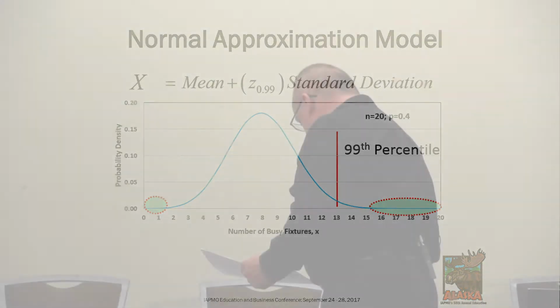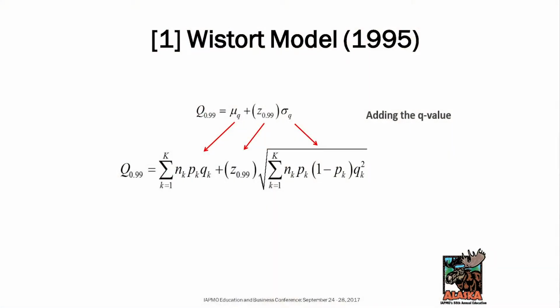Now at the ASPE convention in 1994, Robert Wistort presented this model in an attempt to replace the use of fixture units, and I'll show you how he did it. And by the way, in the past year, I've corresponded with Robert Wistort.